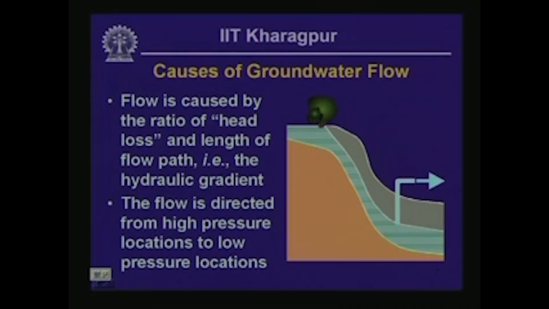Okay. Let us look at the flow in case of an artesian groundwater condition, which is shown on the sketch of this particular slide here.